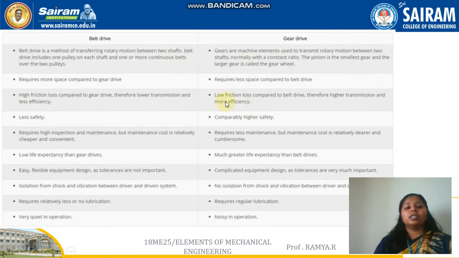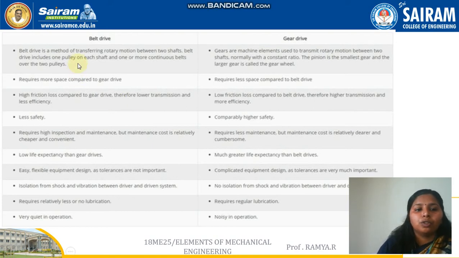So the next one is about the difference between a belt drive and a gear drive. Both are used for transmitting power between shafts, but what is the difference between these two drives? So this is a belt drive. It is a method of transferring rotary motion between two shafts, where the ratio keeps on differing, and it is transmitted between two pulleys.